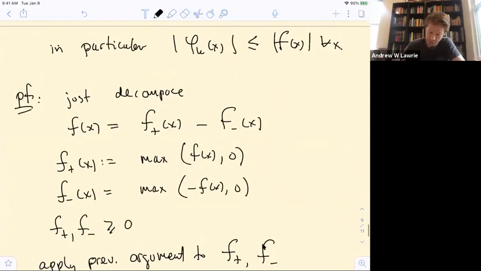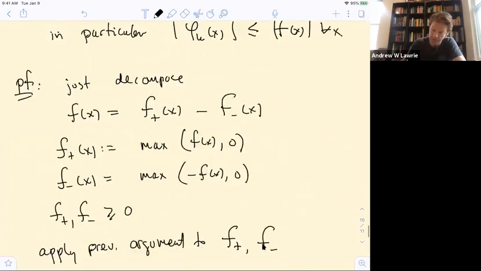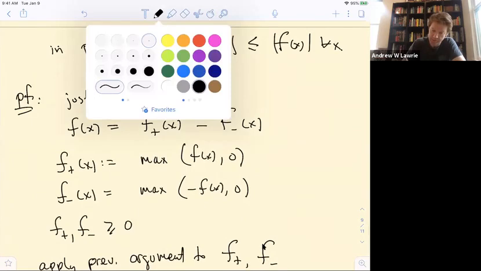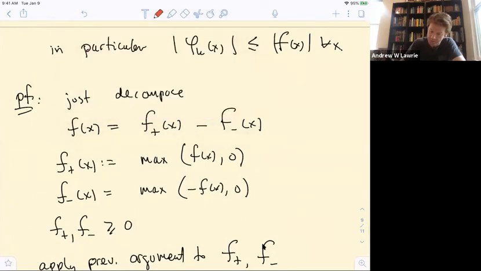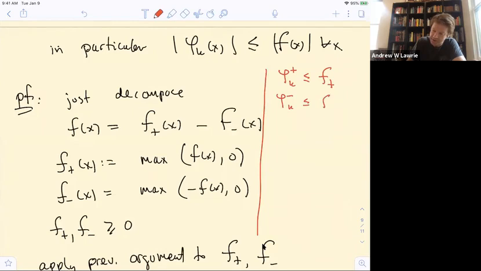So what can we do? Let's call them phi plus k less than or equal to f plus, and phi minus k less than or equal to f minus, and then phi k equals phi k plus minus phi k minus.